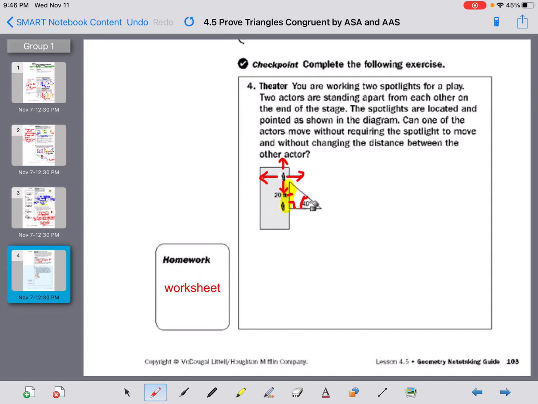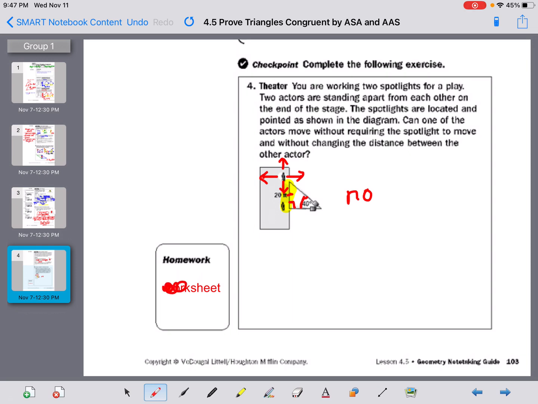So really, there's no way I can move that without changing that side. So because of that, it says, can they move without requiring it? I would say no, because on an angle side, I can't change that side. And that's the important thing. If that side changes, my relationship changes, right? All right, so really focusing here on what we can do to get this.